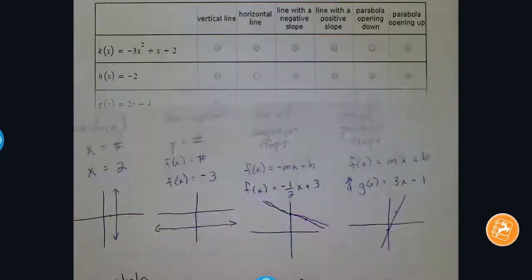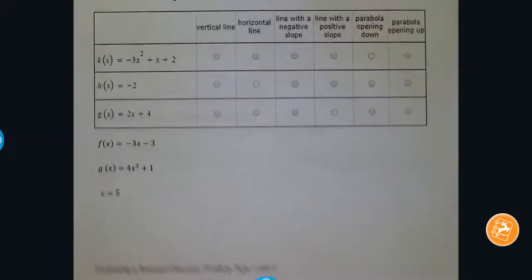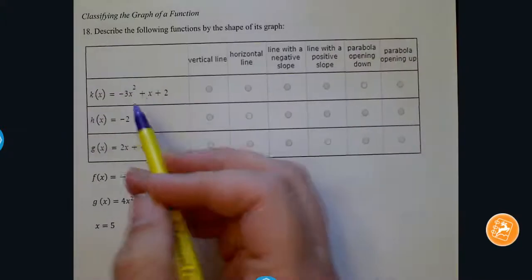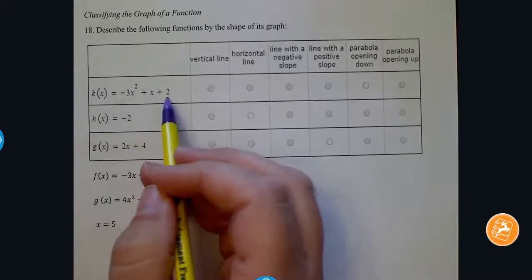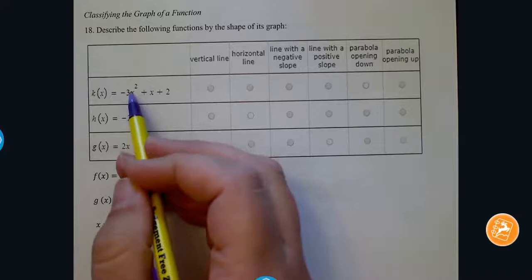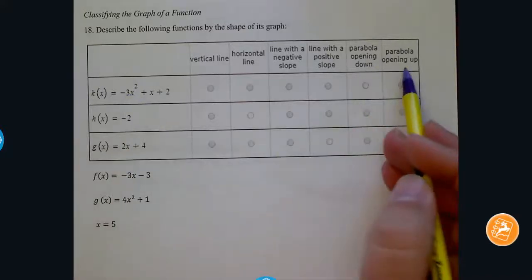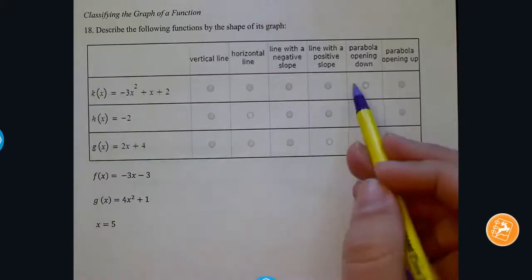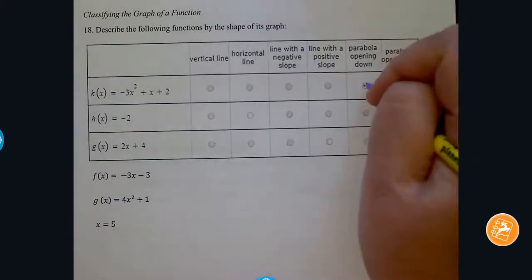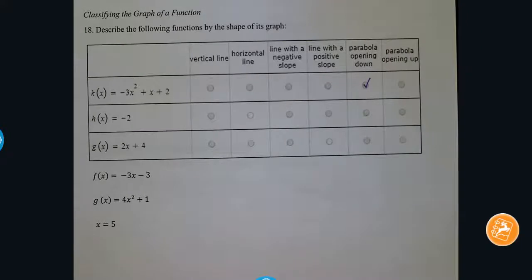Okay, so now let's go back to our exercise here. So this first one, k of x equals -3x squared plus x plus 2. That x squared, we're going to be talking about our parabola. There's a negative in front of it, so it's going to be a parabola opening down. We'll check that box off.